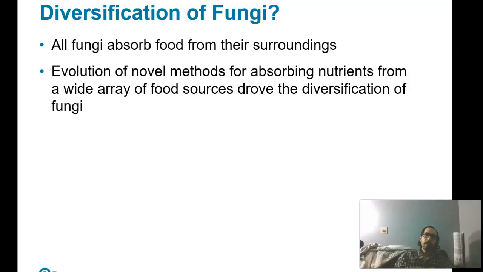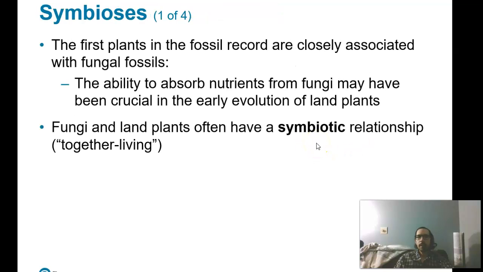So what are some of the themes that occur in the diversification of fungi? Well, all the fungi absorb food from their surroundings. And so evolution of novel methods for absorbing nutrients from a wide array of food sources drove the diversification of fungi. And fungi often participate in symbioses.